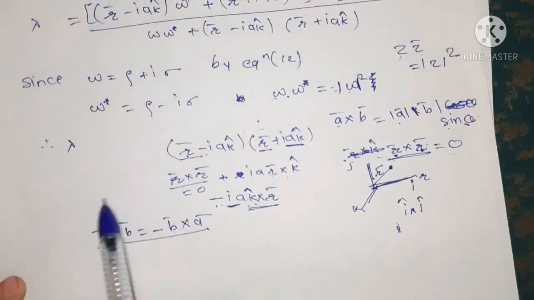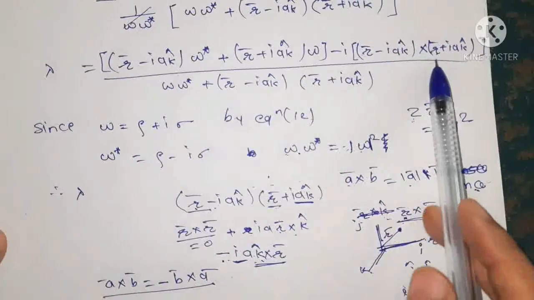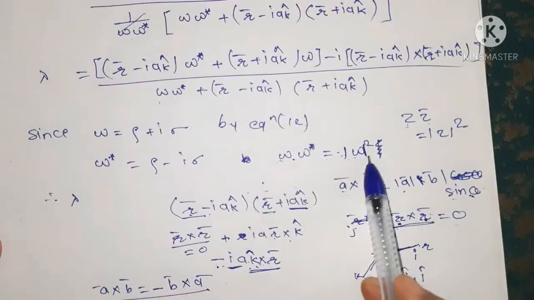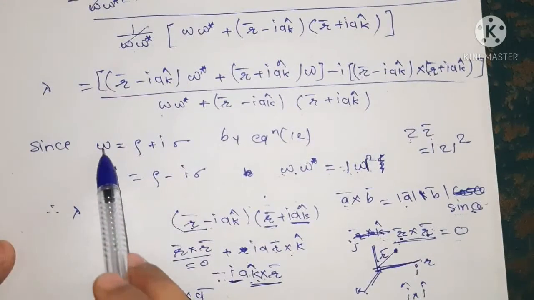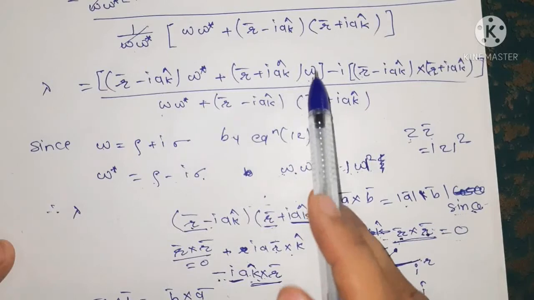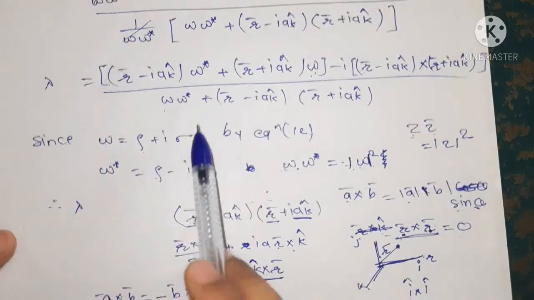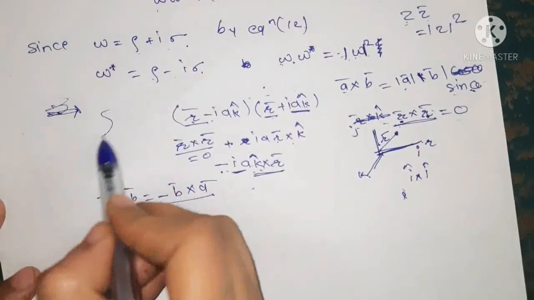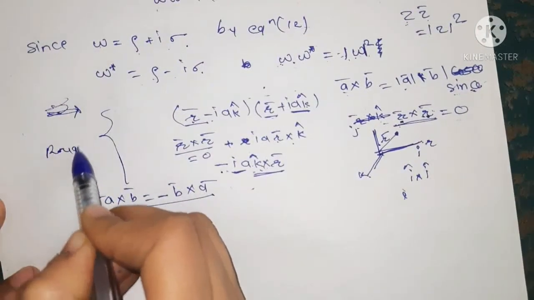Okay, so we open this bracket and substitute the value of omega star, which will be equal to mod of w square, and we substitute the value of omega star as rho minus i sigma. Here omega is equal to rho plus i sigma. So we get here lambda, all this quantity will be in rough work.